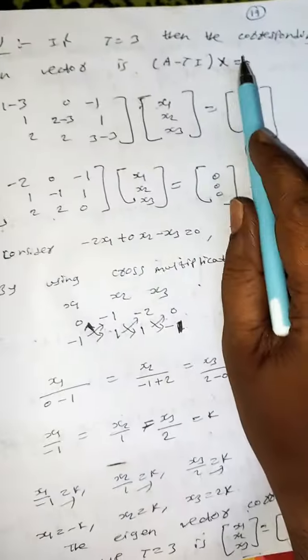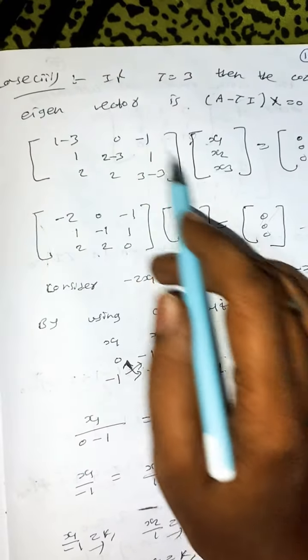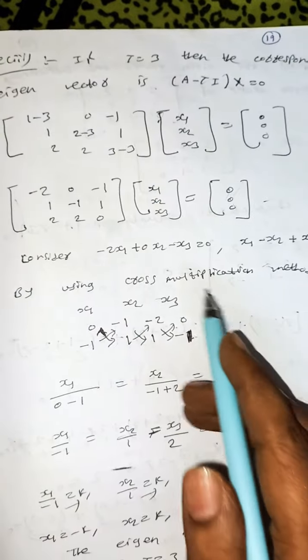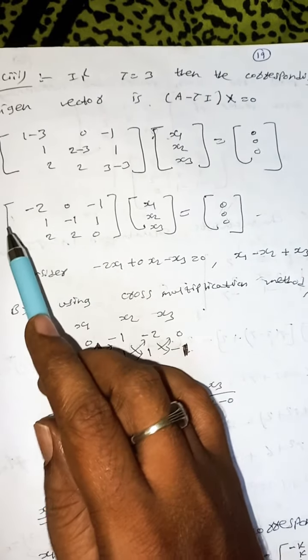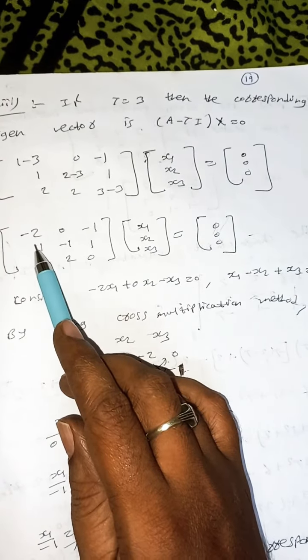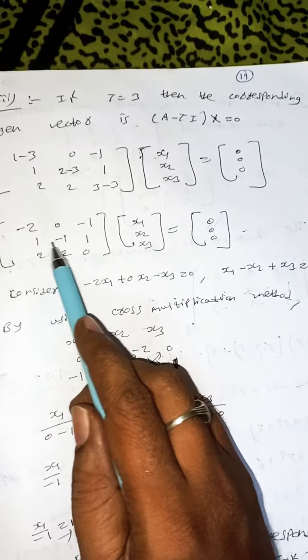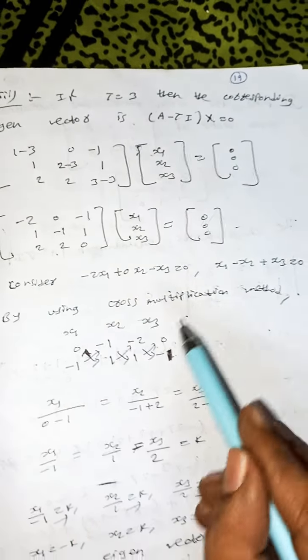Next, case 3. If lambda is equal to 3, then the corresponding eigenvector is found by substituting 3 in place of lambda. If you do the simplification you will get this. Now I am taking the first two equations. Minus 2x1 plus 0x2 minus x3 is equal to 0. And x1 minus x2 plus x3 is equal to 0.